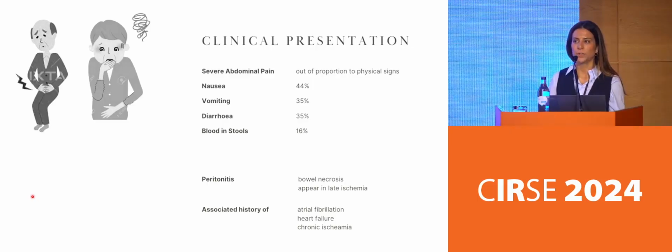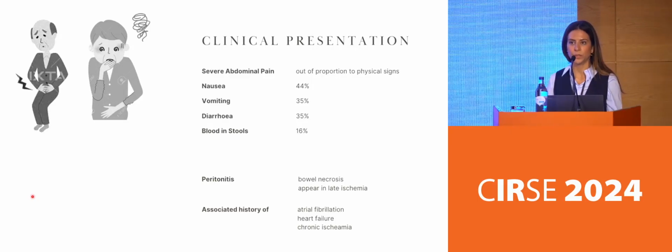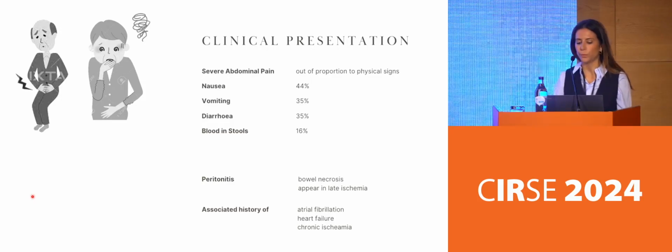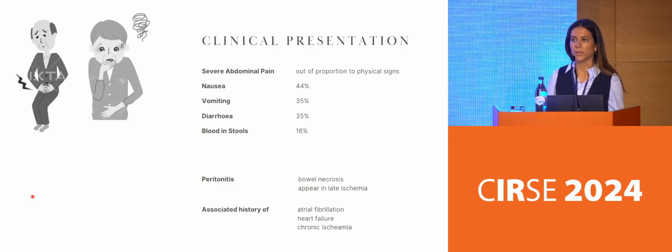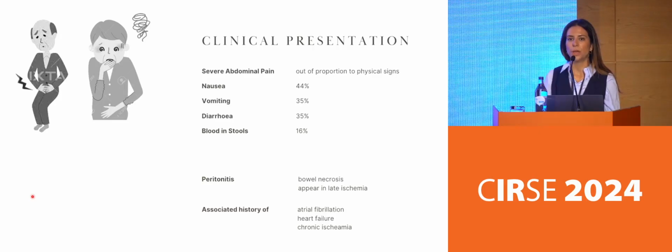There are no specific signs or symptoms of acute mesenteric ischemia. These patients usually present with severe abdominal pain that is out of proportion to physical signs. The onset can also help us to think about the cause. We have an abrupt onset in the case of embolism and a slower onset in the case of thrombosis in acute and chronic cases.